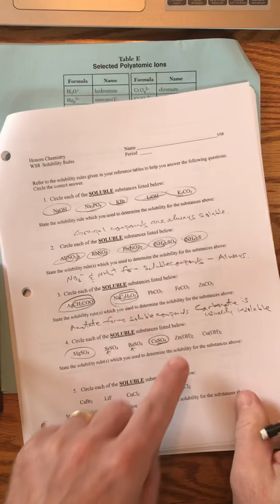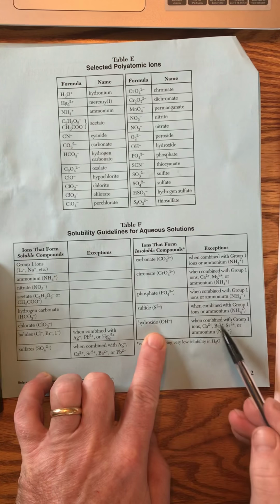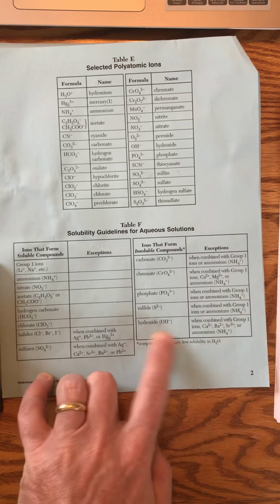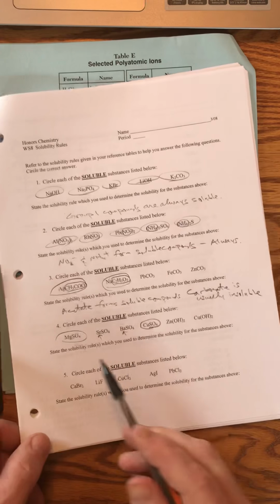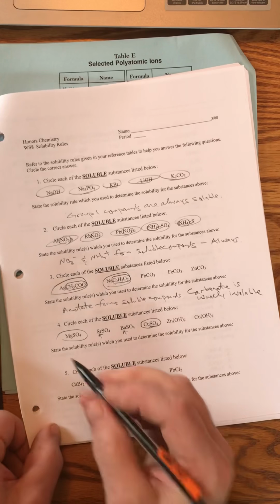Hydroxides. Well, we've got zinc and we've got copper. Hydroxides do not like to dissolve. Zinc and copper are not exceptions. So those are insoluble. Circle the soluble ones. Okay, we did. State the rules.